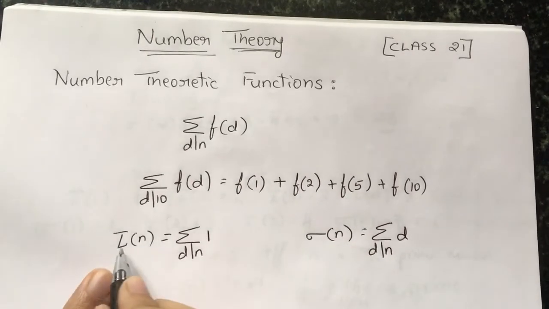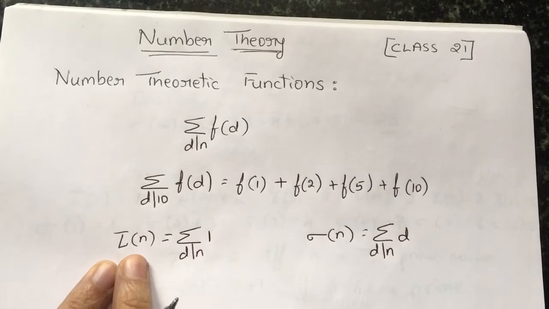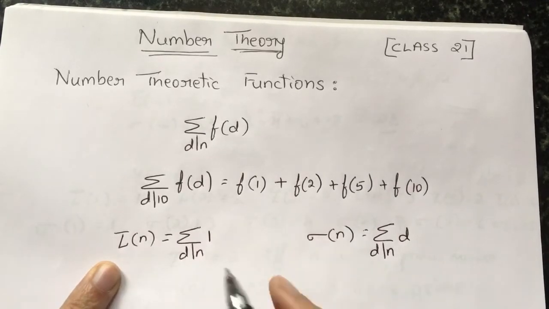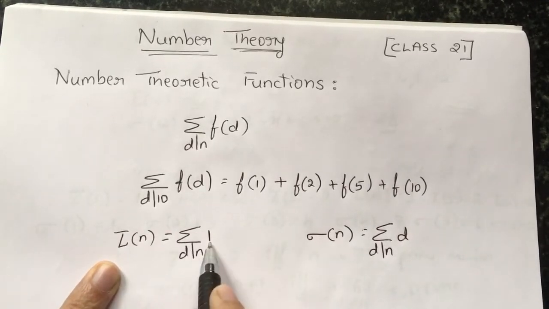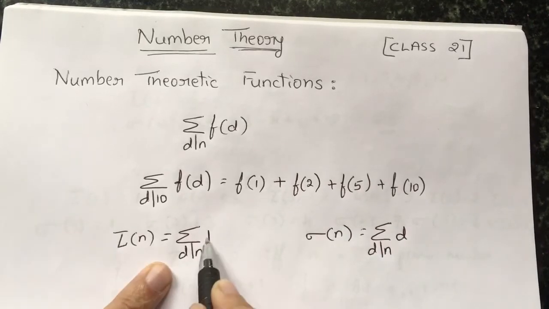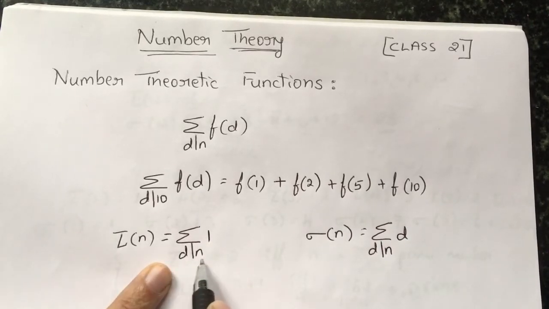This tau of n is nothing but the number of divisors, right? That's why I'm taking summation of 1, and this runs over all the divisors of n.